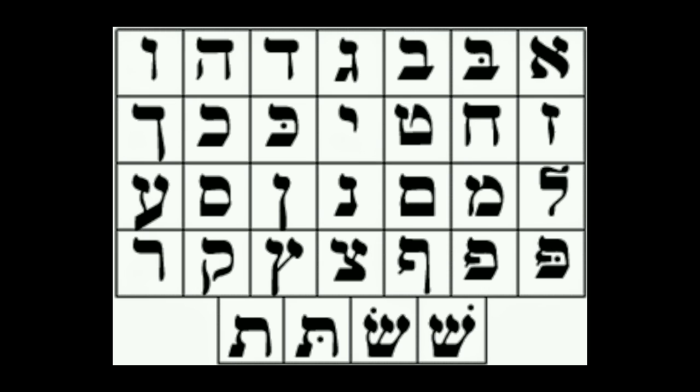The sound of these vowels is identical to the sound of the vowel without the shva. So the chataf kamatz makes the kamatz a sound. The chataf patach makes the patach a sound. And the chataf segol makes the segol e sound.